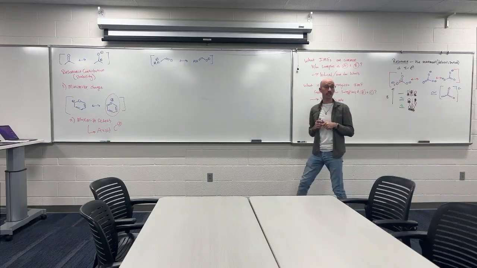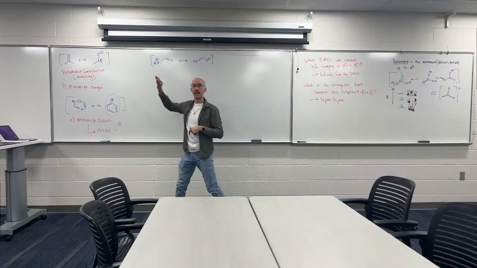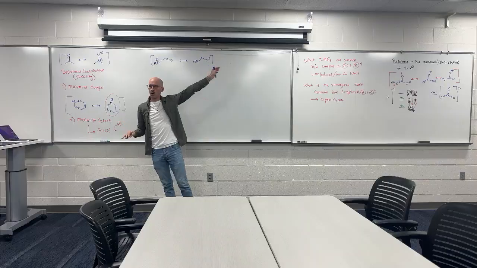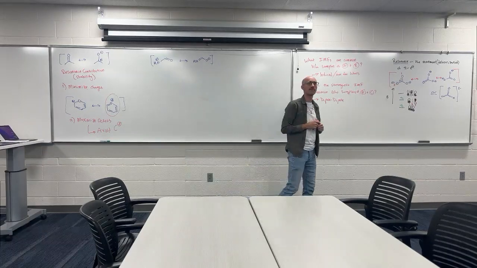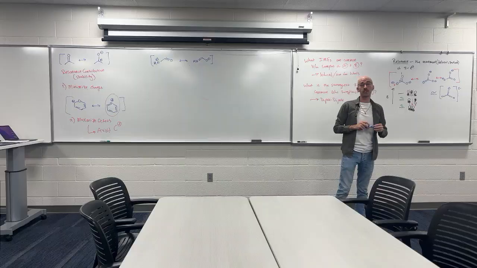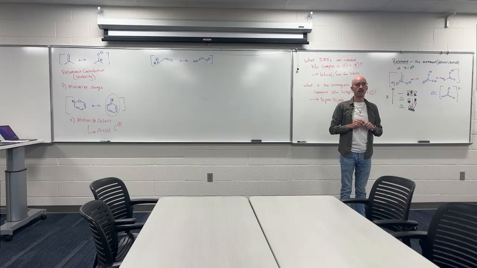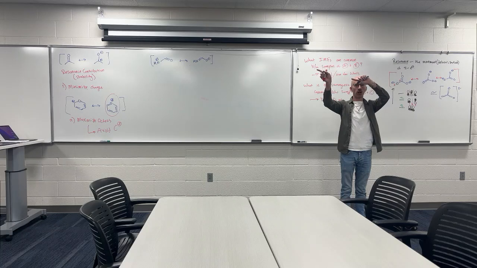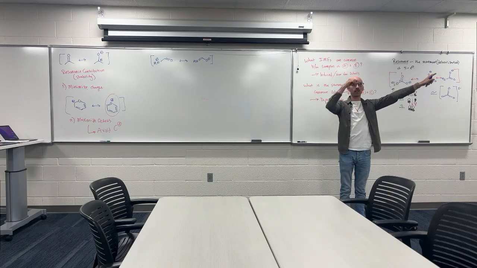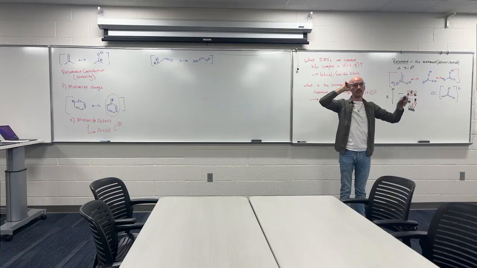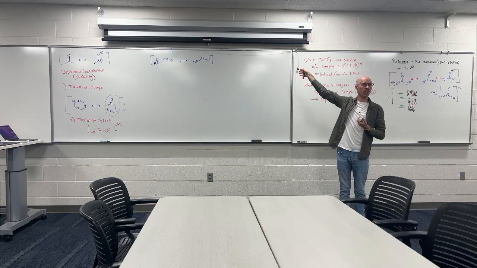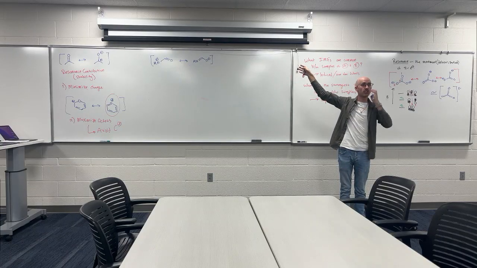How would you rank these? Which do you think is more stable? Nitrogen holding a negative charge or oxygen? Dylan? Nitrogen is more electronegative? Anybody disagree? Carbon, nitrogen, oxygen. Oxygen is more electronegative. That's why oxygen has more lone pairs for itself in general.